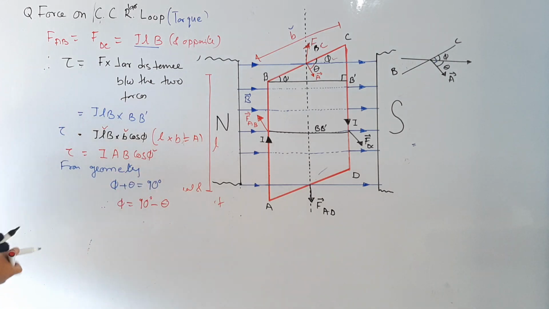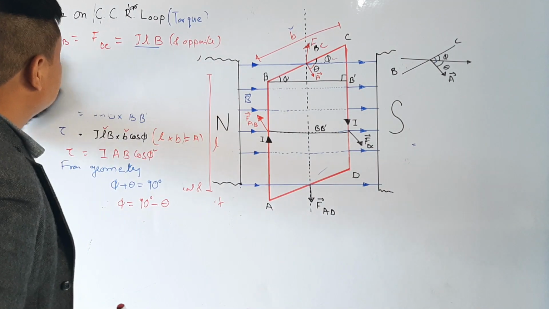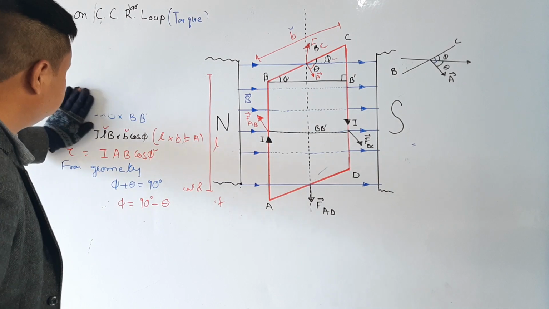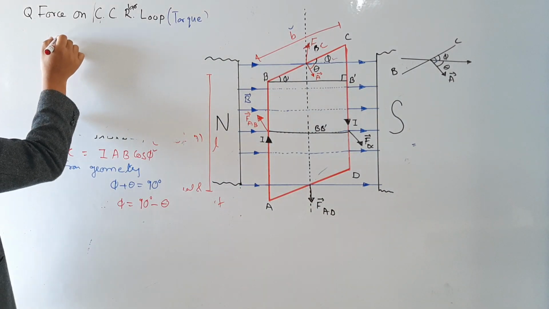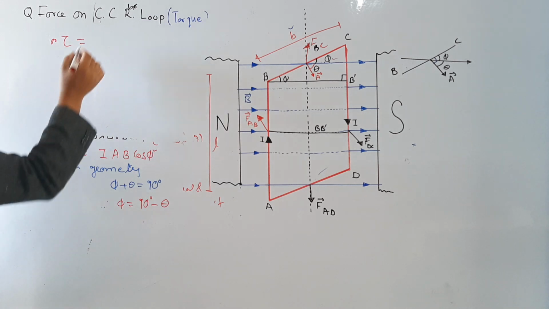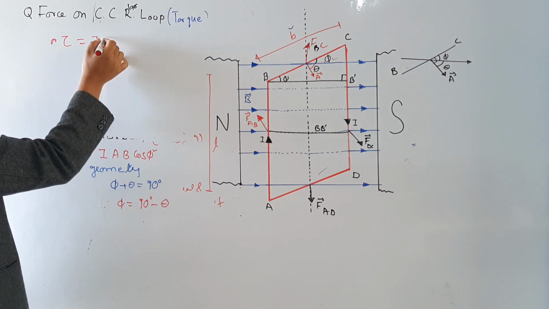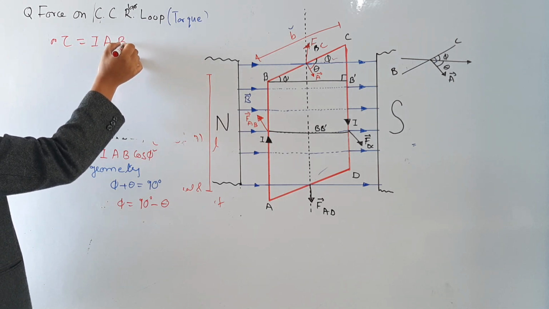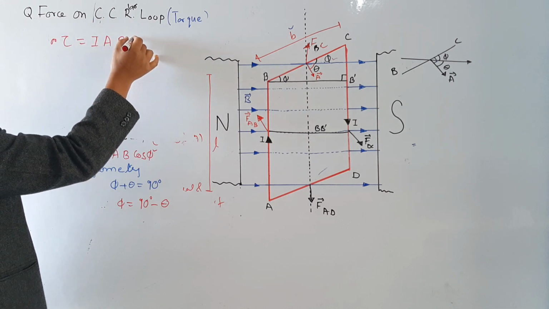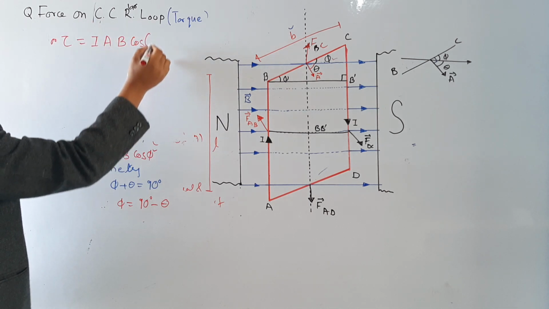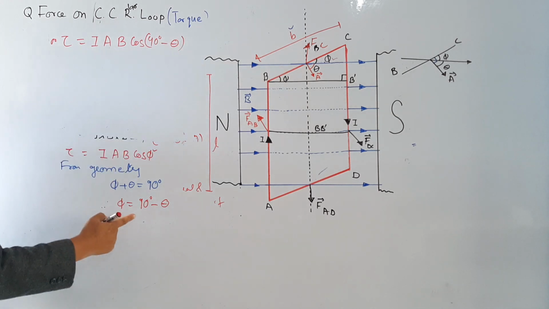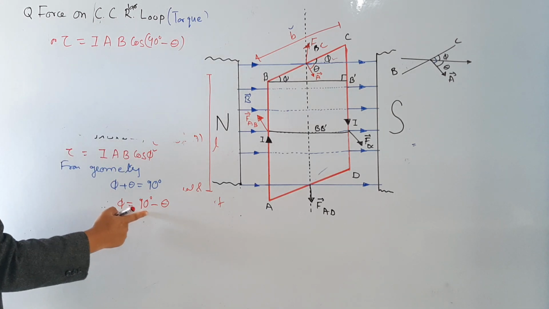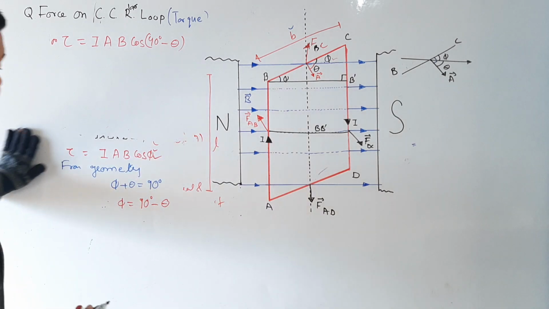This theta will go that side. So now I can write this torque tau is equal to I, this is area, this is magnetic field, and this will become cos of 90 degree minus theta, because phi is equal to 90 minus theta.